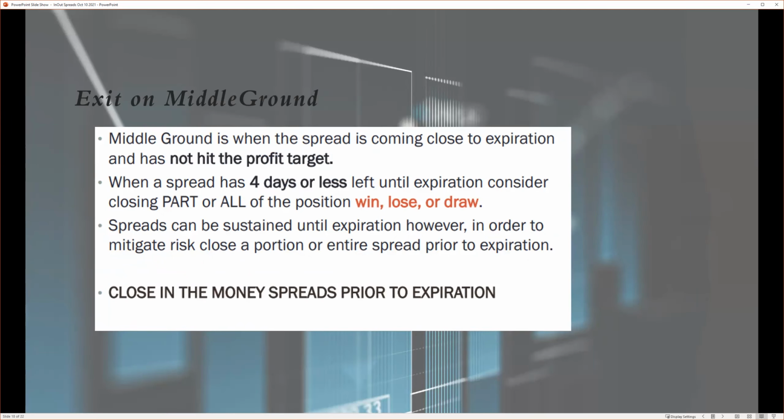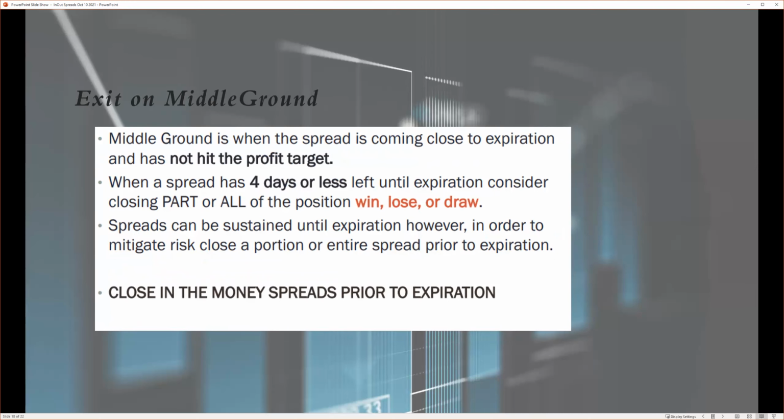Option number 2, we exit on a middle ground. What does middle ground mean? That we're not profitable, but we're not 100% losers on the trade, right? The trade is approaching expiration and has 4 days or less left, preferably no more than 4.